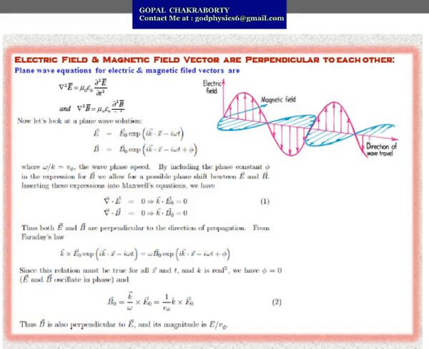So E and B oscillate in phase, and B naught equals k by omega into E naught, that is 1 by v k cap cross E naught. So B is also perpendicular to E, and has a magnitude E by v. This actually proves that electric field and magnetic field vectors are perpendicular to each other.